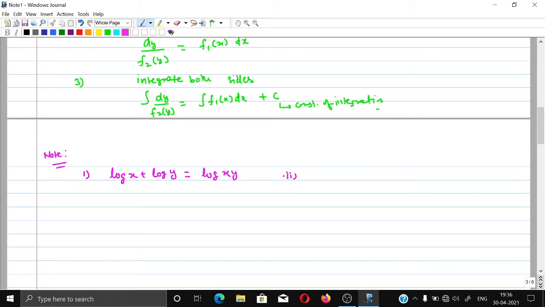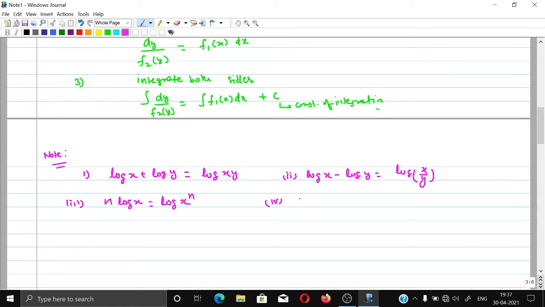Our second relation: log x minus log y equal to log of x upon y. Please be aware that here x and y must be positive because the log function should exist. And our third relation: n log x equals log x to the power n. These are the identities you should be aware of.